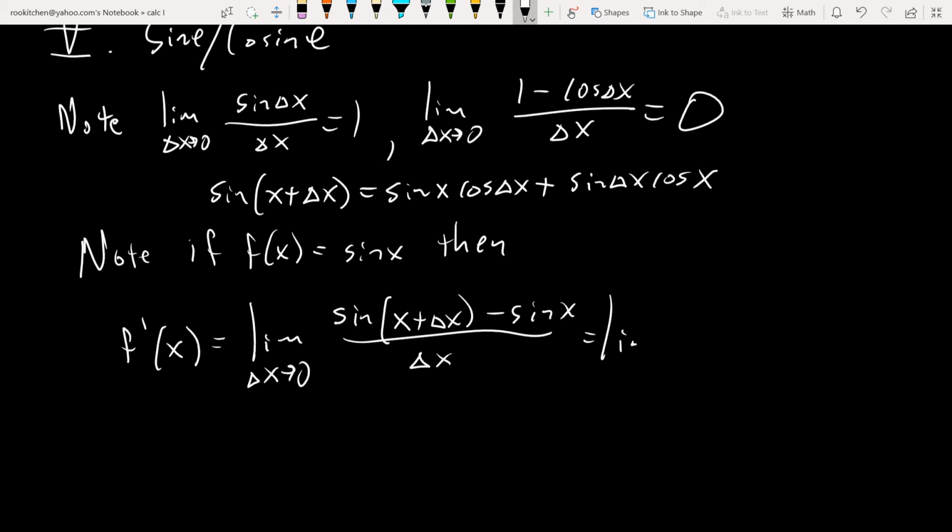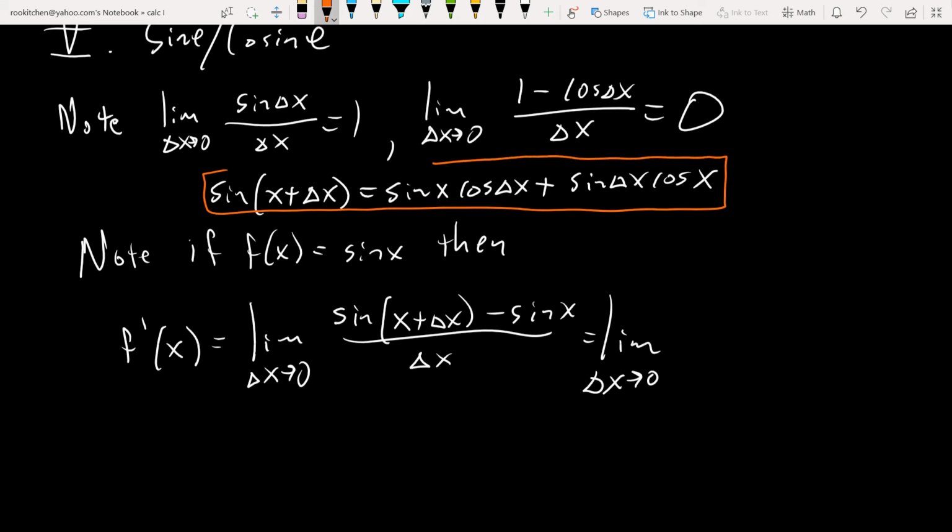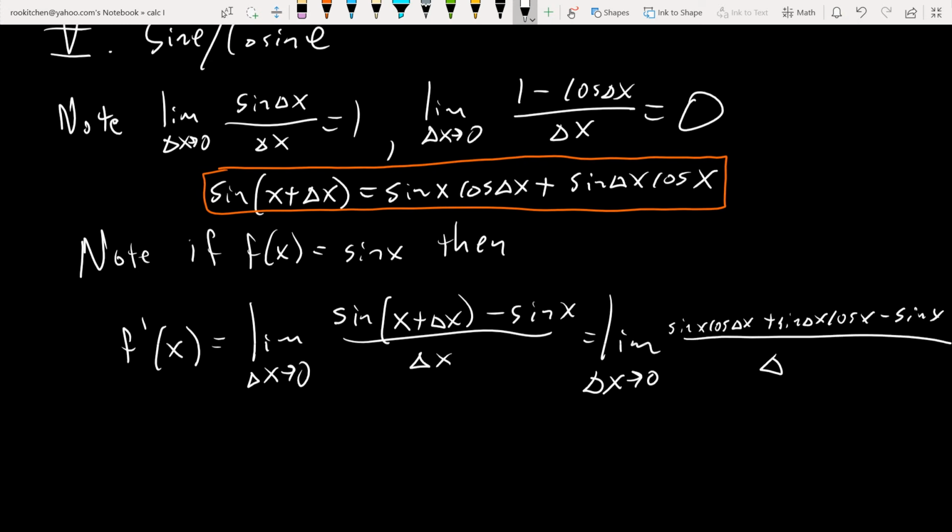This will be the limit as change in x goes to 0 of, and now I'm going to use my trig identity, this guy that I'm boxing in red, to rewrite this. So I'll have sine x cosine change in x plus sine change in x cosine x minus sine x all over change in x.